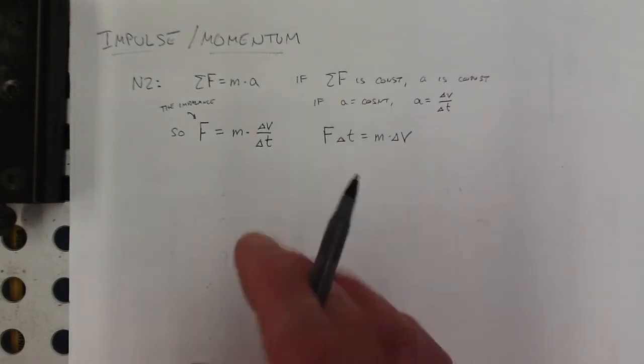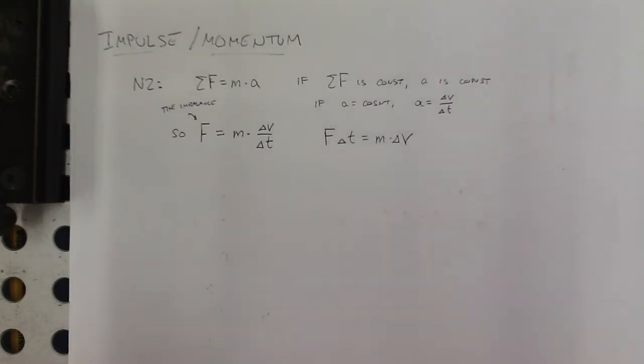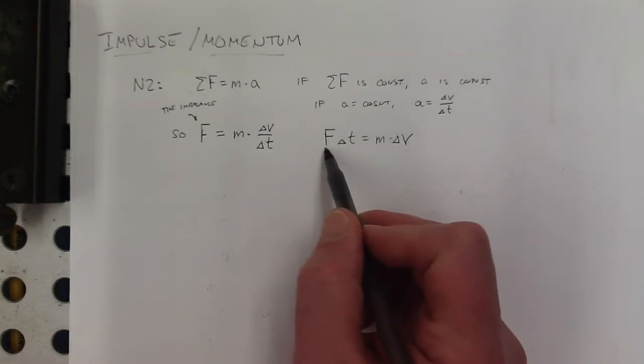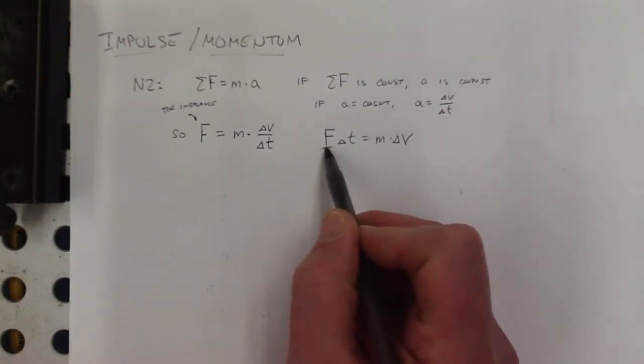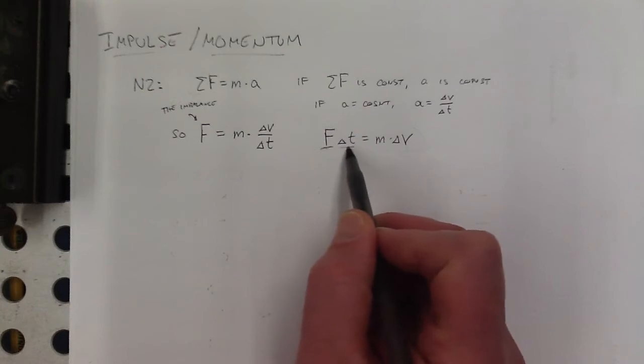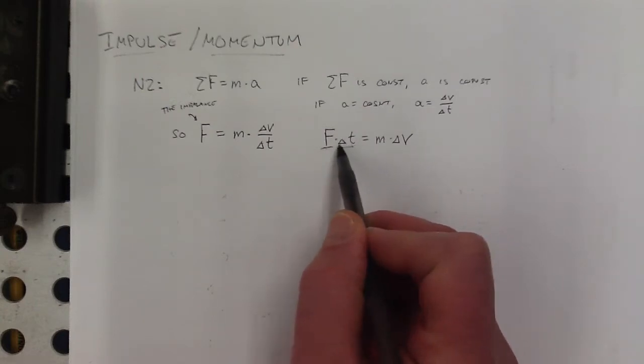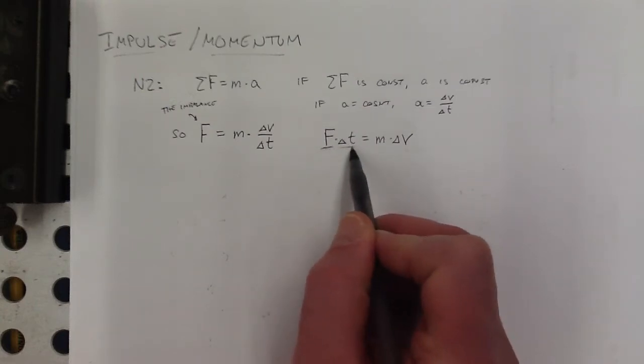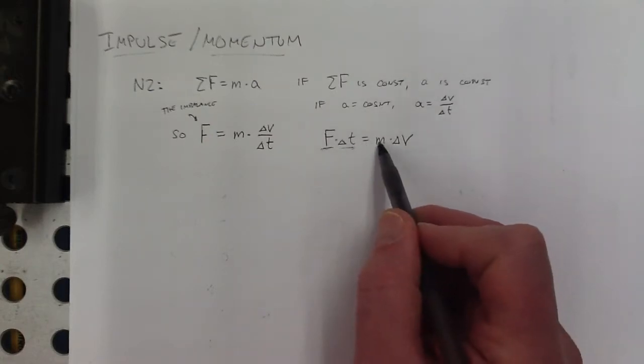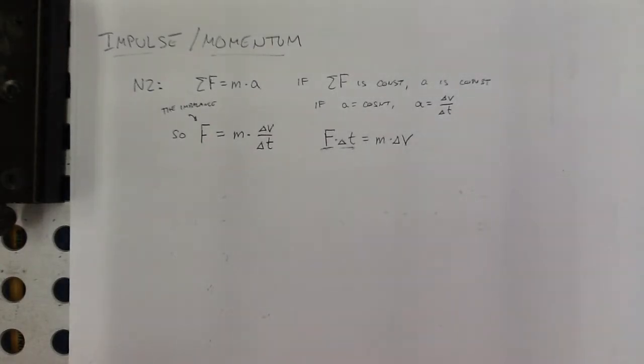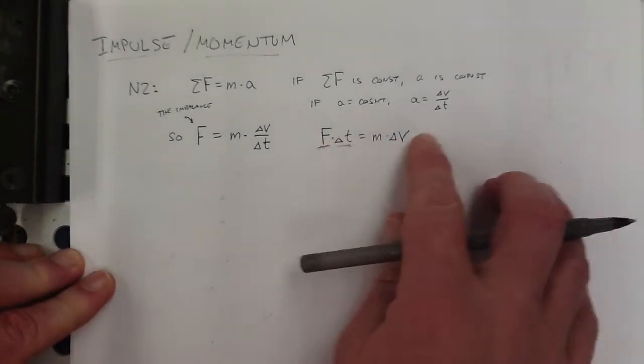What this tells us, if we take a step back and think about what this is saying, is that a force applied over a period of time, so some force times the amount of time that force was exerted for, is equal to mass times change in velocity. And we're going to define these things.